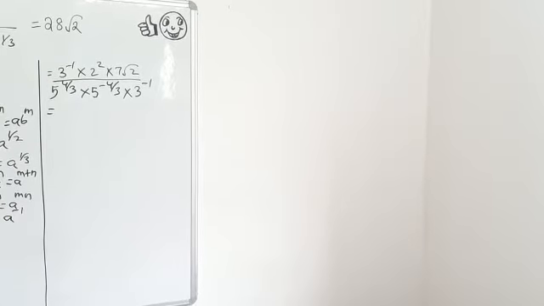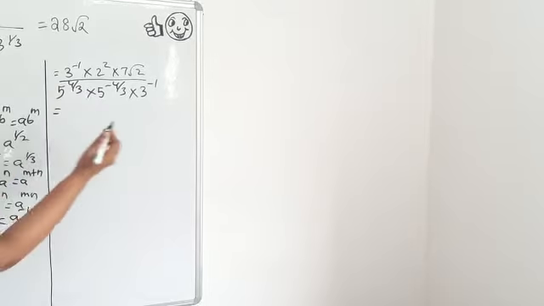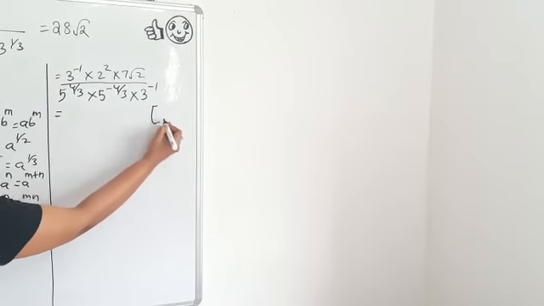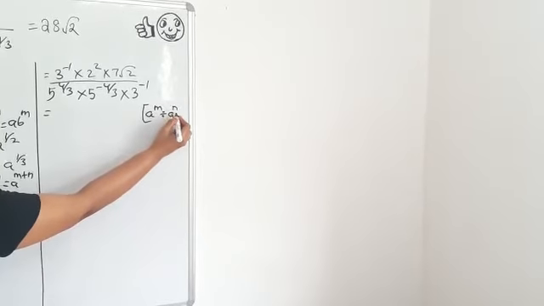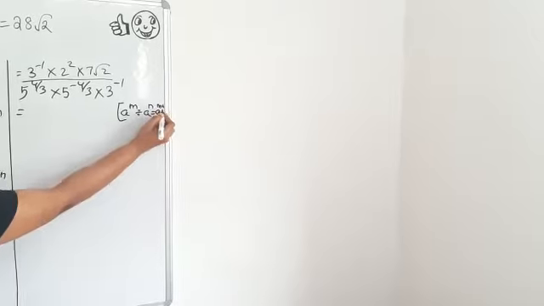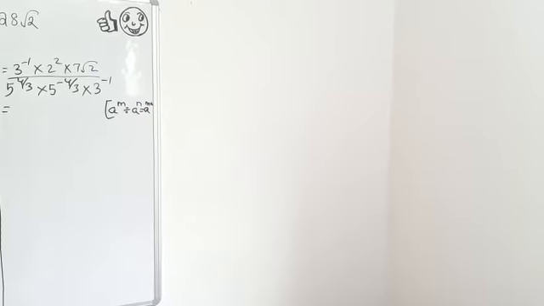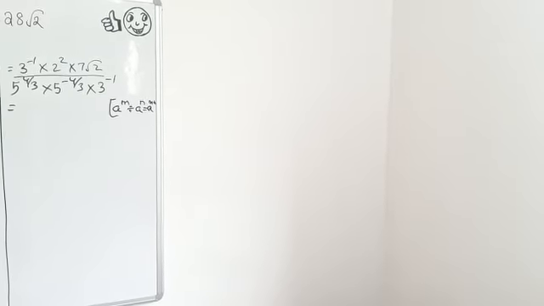But if we use the law of exponent, this is in the divide position. So if the bases are the same and it is divide, this law will be used: a power m divided by a power n is equal to a power m minus n. So for multiplication we have to add the powers, for division we have to subtract the powers.